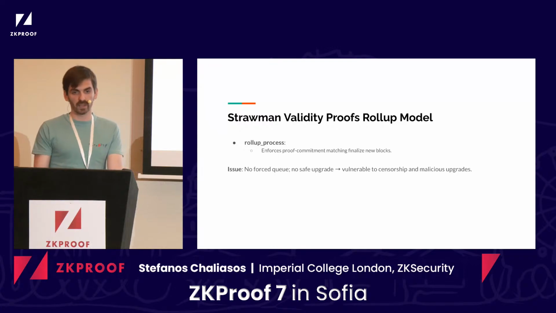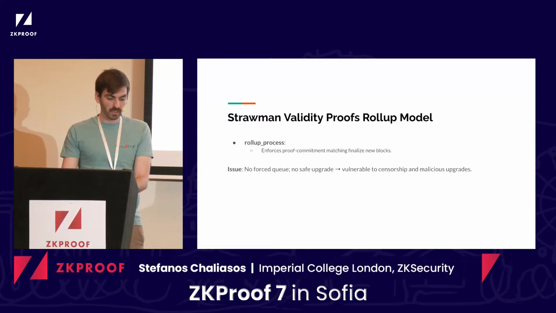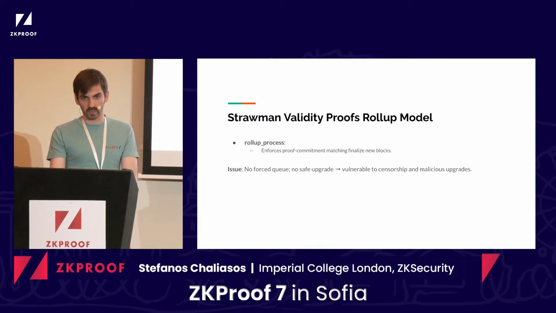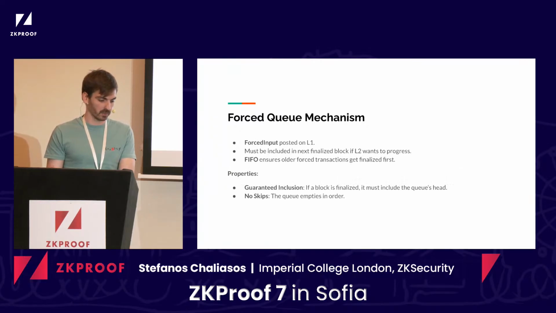So what are the issues? There is no forced queue mechanism and there is no safe upgrades mechanism, which can lead to vulnerabilities to censorship and malicious upgrades that could basically get all user funds out of the L2.